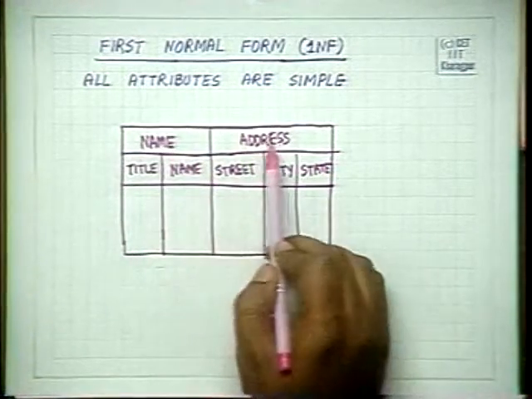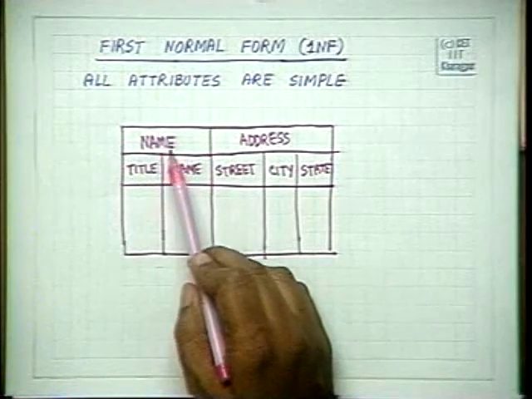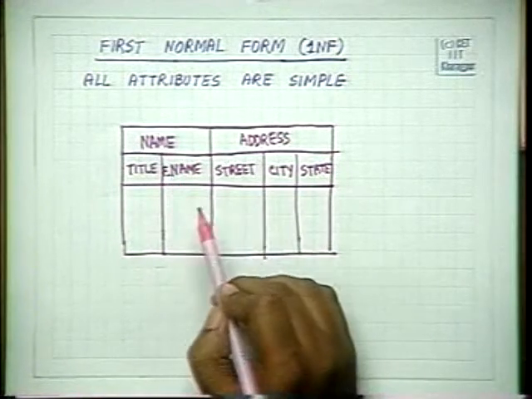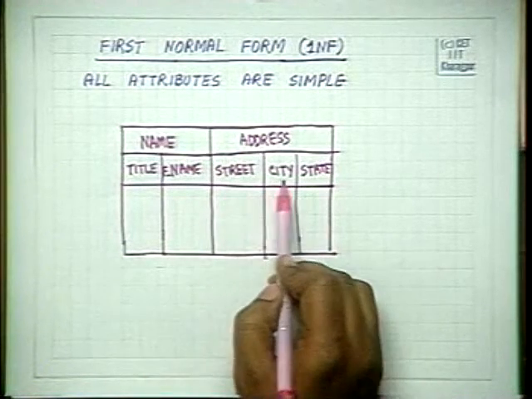We have got two major attributes, name and address, and each of them has got certain subtypes. Name has got title and first name, F name. Address has got city, street, city, state.